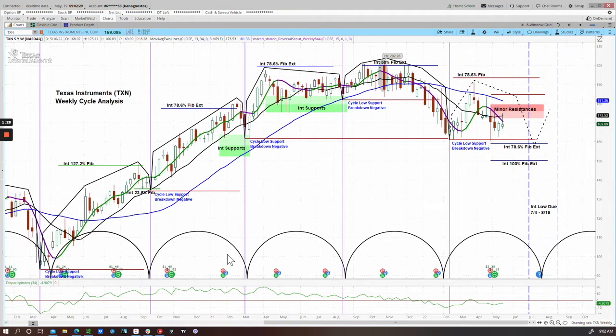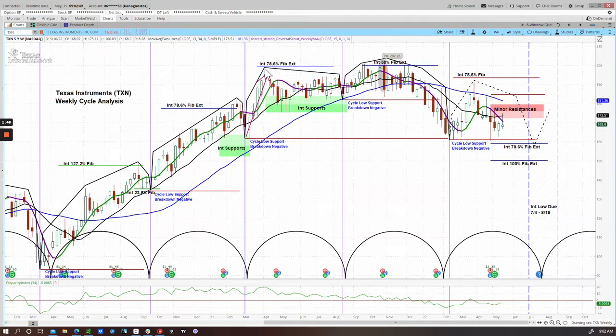So notice that this entire time momentum has stayed positive. Momentum on the Ask Slim weekly charts is represented with our proprietary reversal scout, which is the green and purple ribbon on the chart.